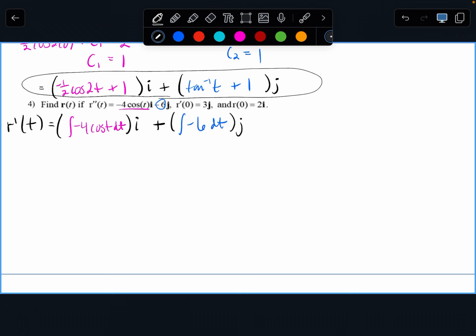So my first derivative, this is still r prime, now I'm just integrating it. So what would that be? That'd be still negative, right? Yeah, -4 sine t plus c sub 1.